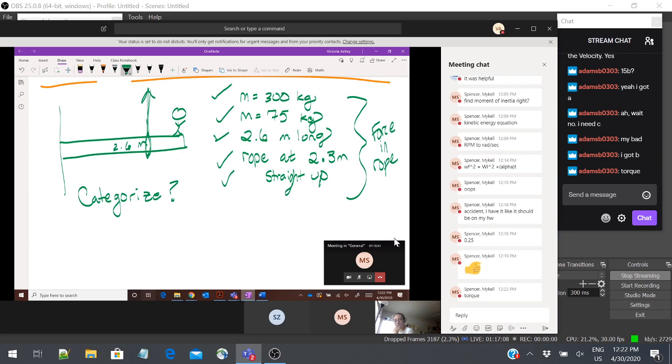Okay, torque, can you be more specific? Parts A and B were about torque. What was the torque this way? What was the torque that way? Part C is a little more complicated. There's actually a name for this type of problem.